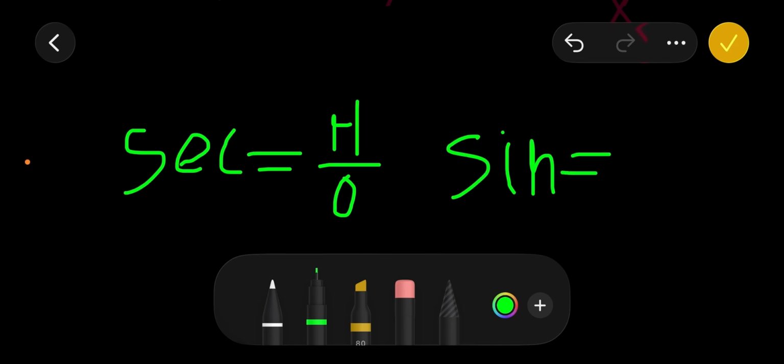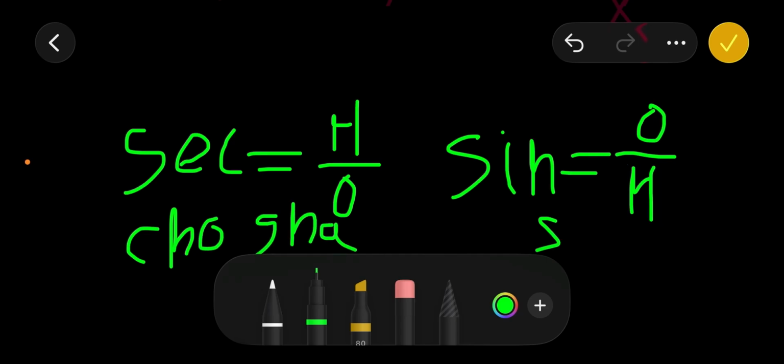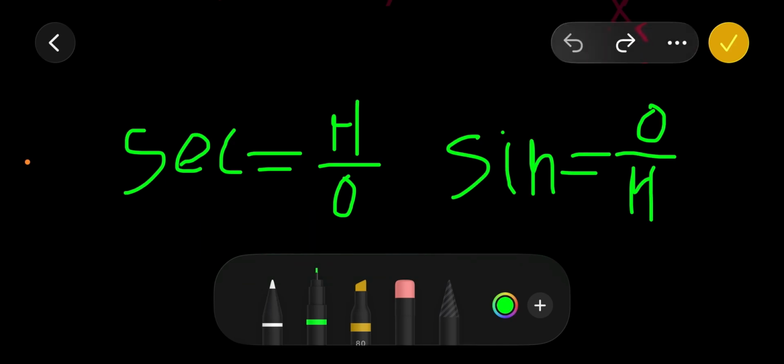So it's two different things. Don't get mixed up on them. Just like SOHCAHTOA is for sine, cosine, and tangent. I'm not good with the secant stuff.